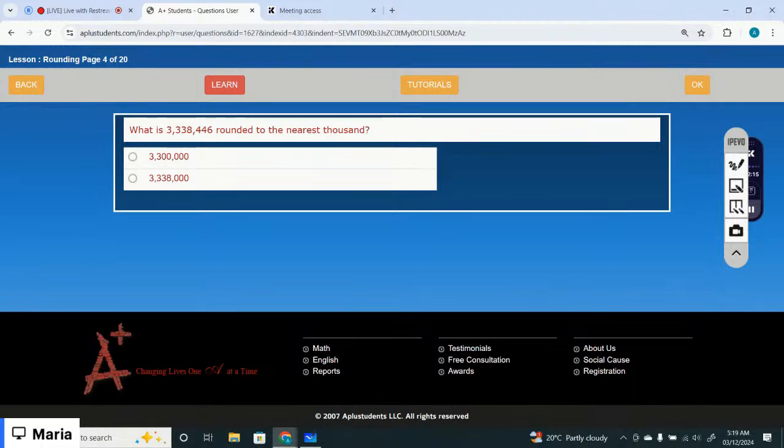What is 3,338,446 rounded to the nearest 1000?